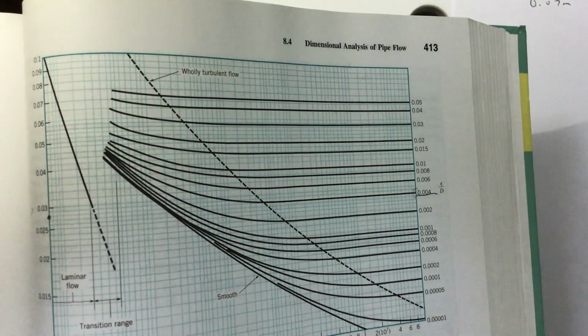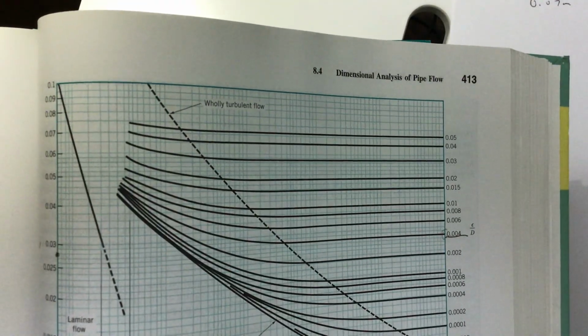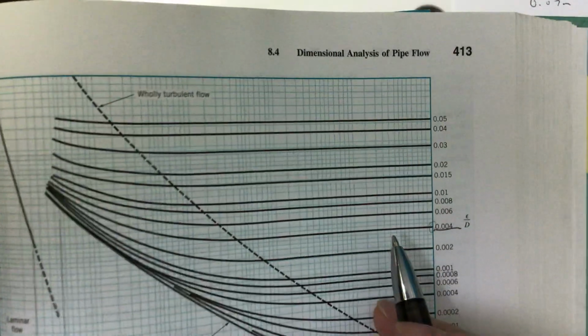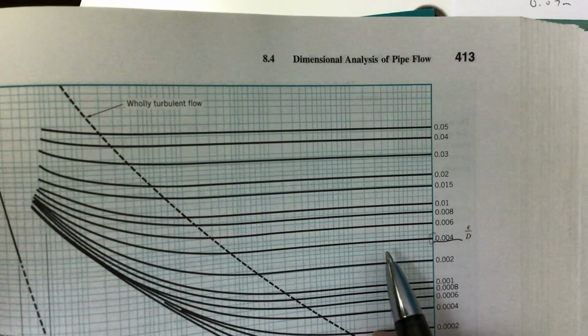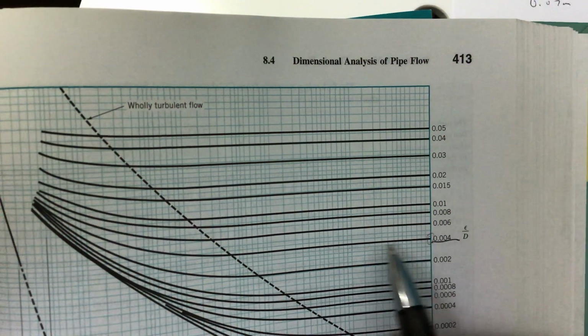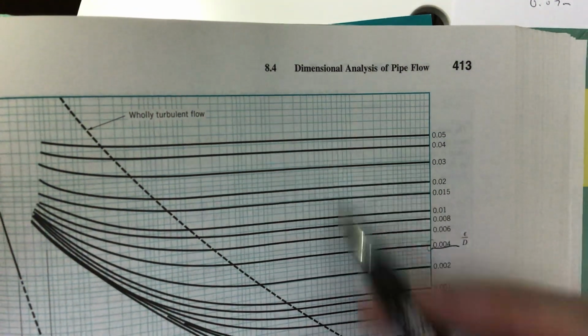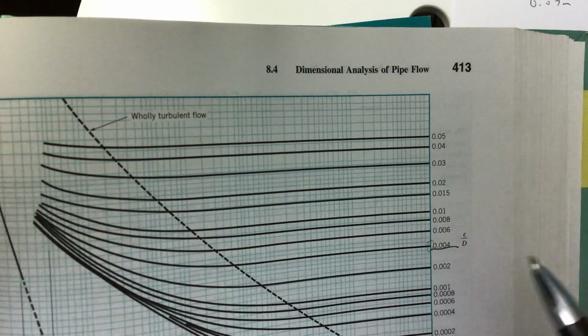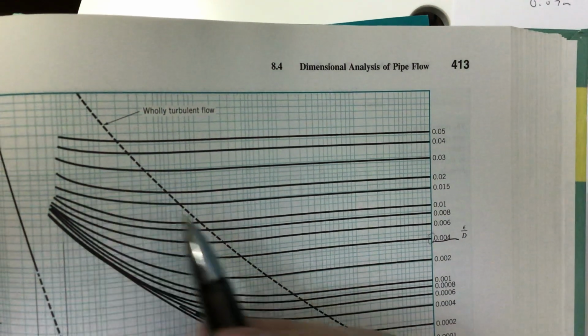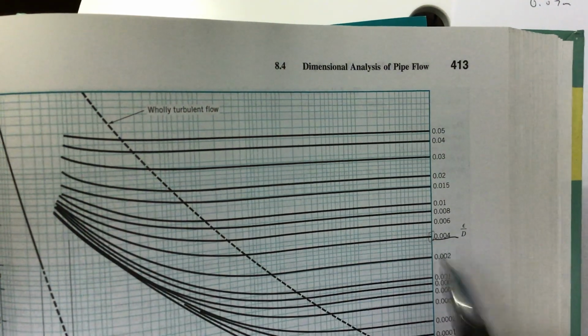But for now, we're going to assume, since that's what's stated in the problem. For the Moody diagram, the easiest way to tell is that we're just going to follow the flat lines. Anything to the right is fully turbulent. That's where it starts.